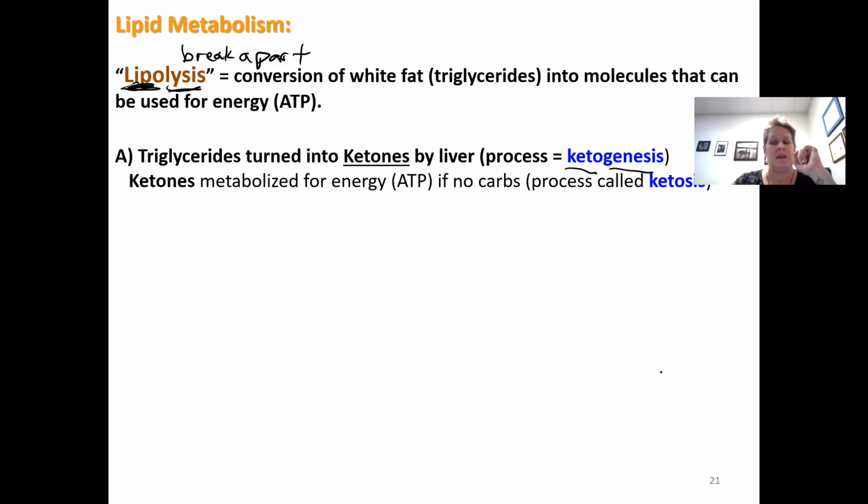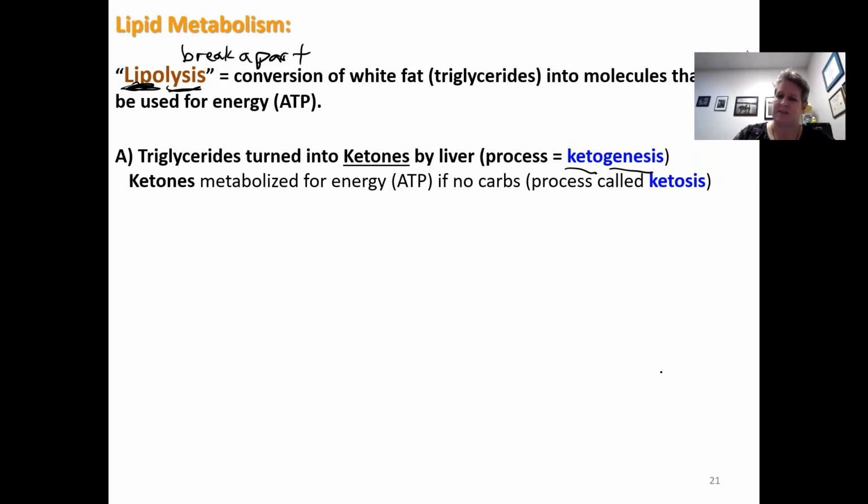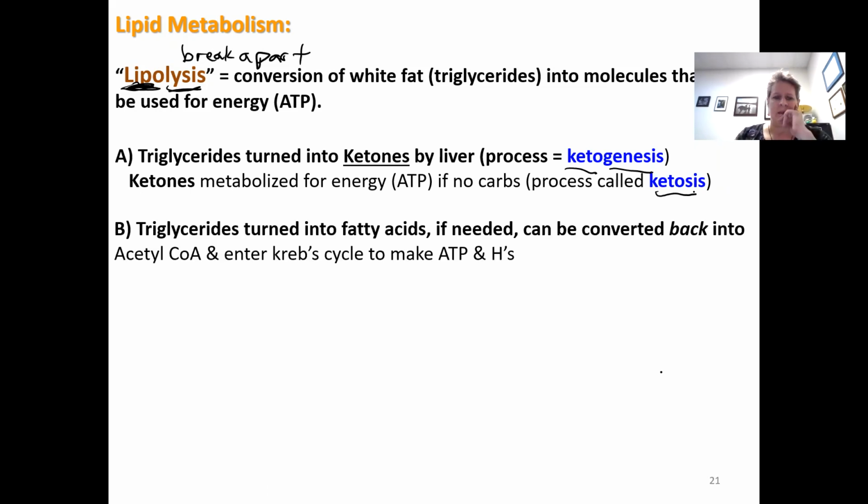Now, when the ketones are spilled into the bloodstream for cells to use to make ATP when carbohydrates are absent, that is called ketosis. Ketosis is using ketones for energy. Now, in addition to making ketones, triglycerides can be turned into fatty acids.